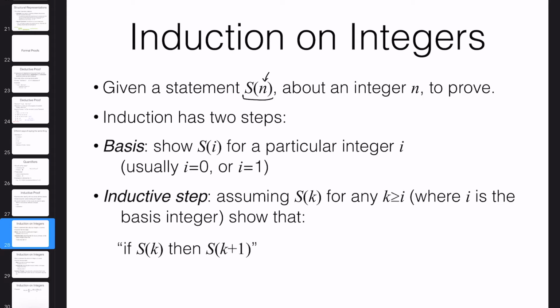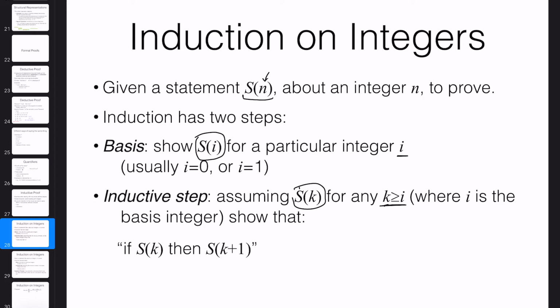There are two steps. The base step is that you show S of i is true, where i is the basis, the smallest number for which the statement is true. Usually it is 0 or 1, but depending on the theorem that you are proving, just find the smallest integer for which the statement is true, and that is going to be the basis. The inductive step is that we assume S of k is true for all values k greater than or equal to that basis.